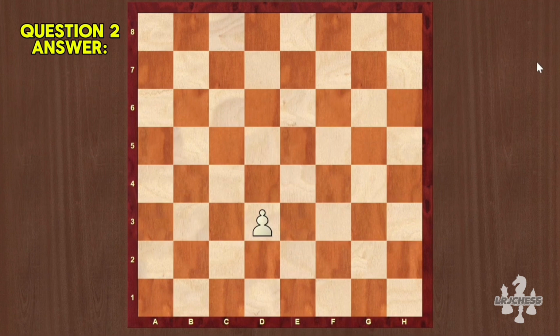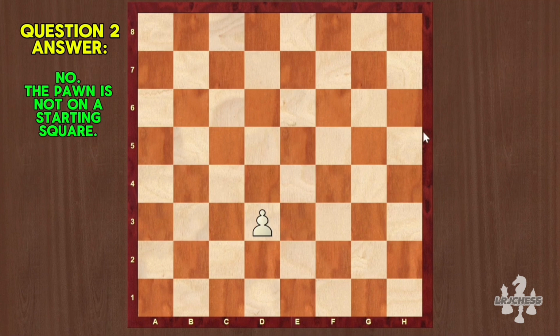On to position number 2. We were looking at a pawn on this square, and I asked if it could move up 2 squares or not. The answer here would be no. This pawn is not on its starting square. A pawn's starting square is on the 2nd rank for white, or the 7th rank for black.